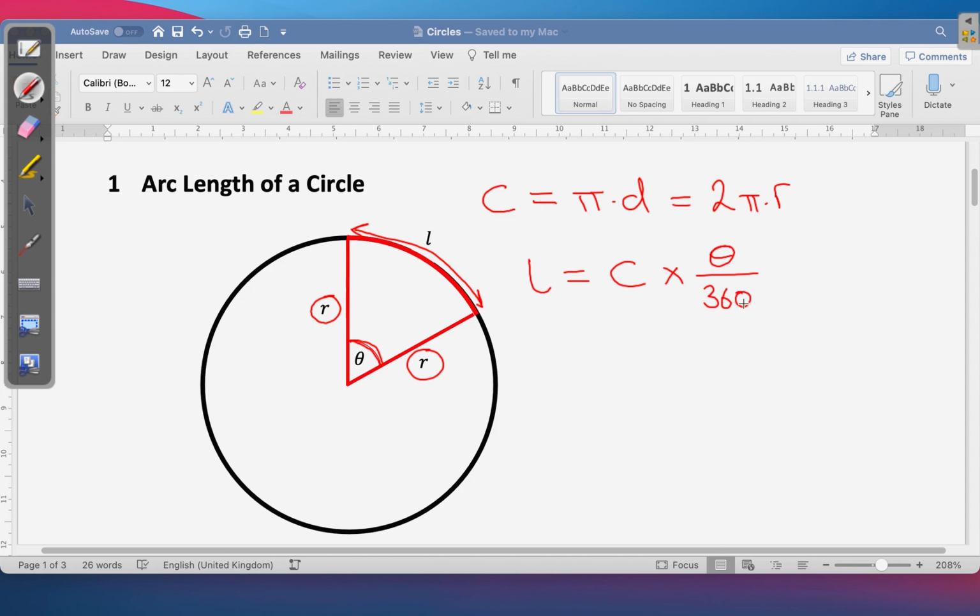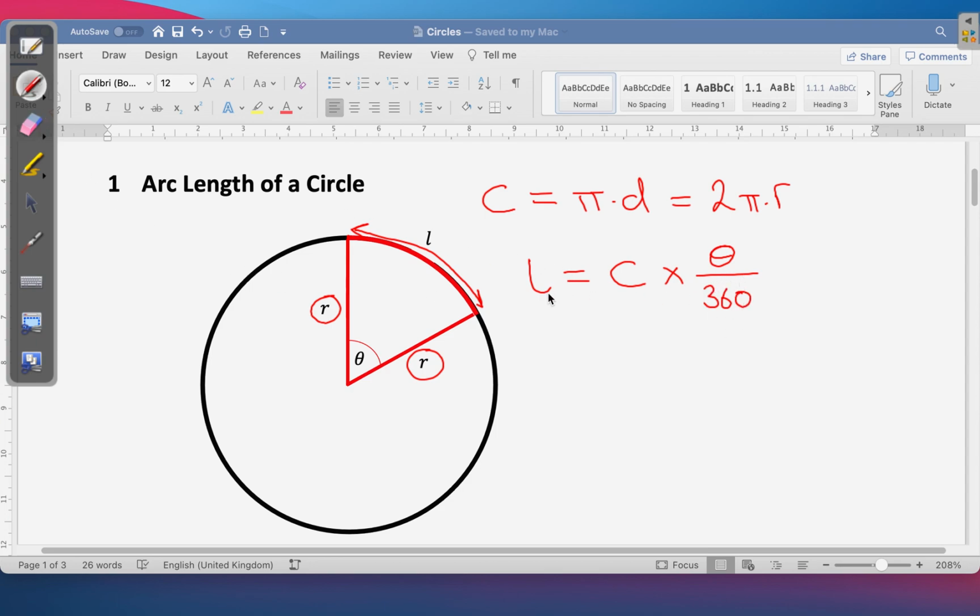The reason it's 360 is because a full turn is 360 degrees, and this angle here is a fraction of the whole circle's angle, which is why we use theta, the angle at the centre, out of the full angle of a circle.